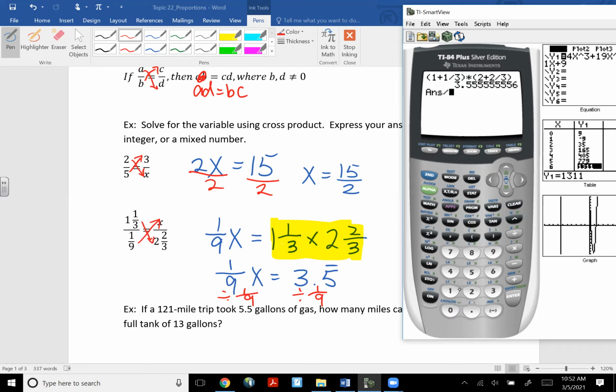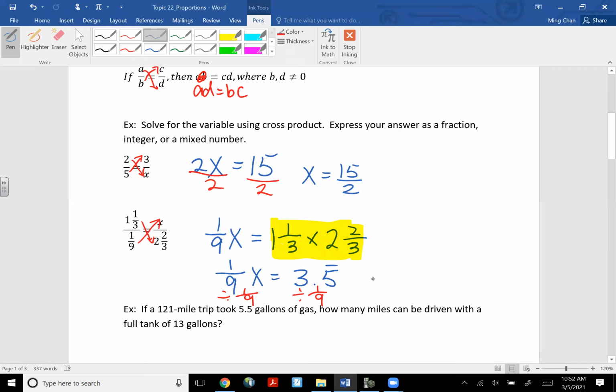If I don't use parentheses, it will divide by 1 first and divide by 9 next. So I put them in parentheses so the calculator knows that my answer from the previous line, ANS means answer from the previous line, needs to divide by the entire 1 over 9. All right, my answer is 32. Okay, that's all it is.